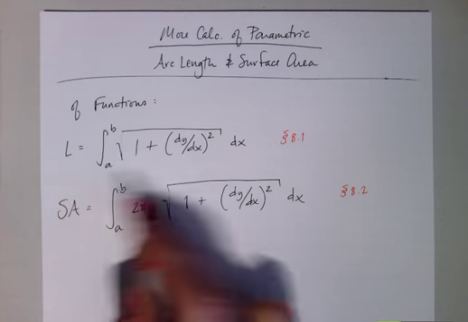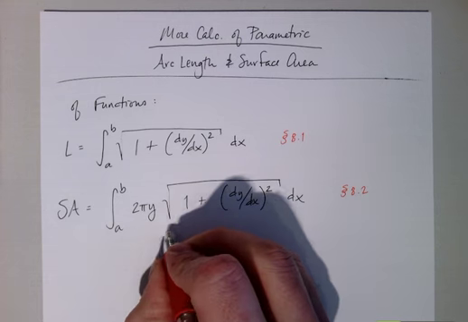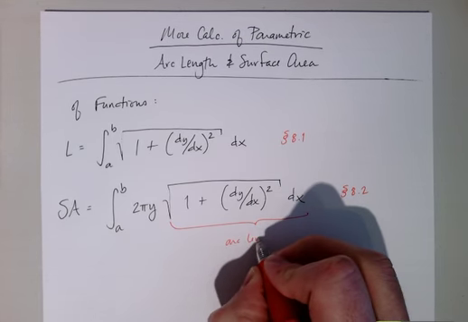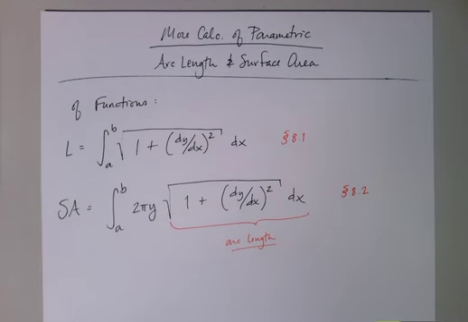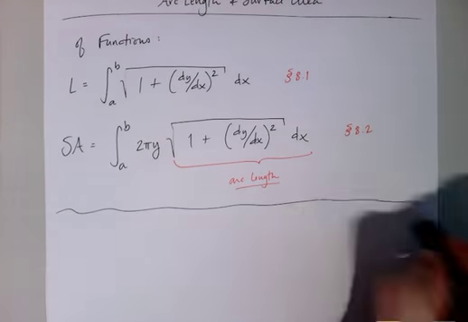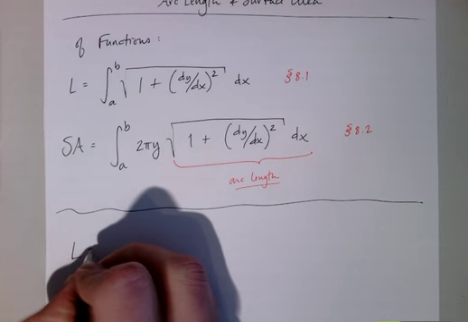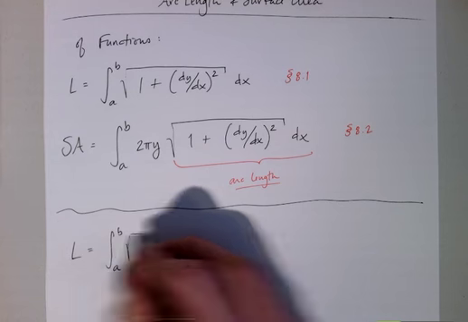Let's go ahead and do arc length first, but of course they're related, and we see right here the arc length piece of surface area when it's being evaluated, and we're going to have that piece in the parametric as well. So let's actually show where the formula for arc length comes from in parametric, and we're going to of course start with this.